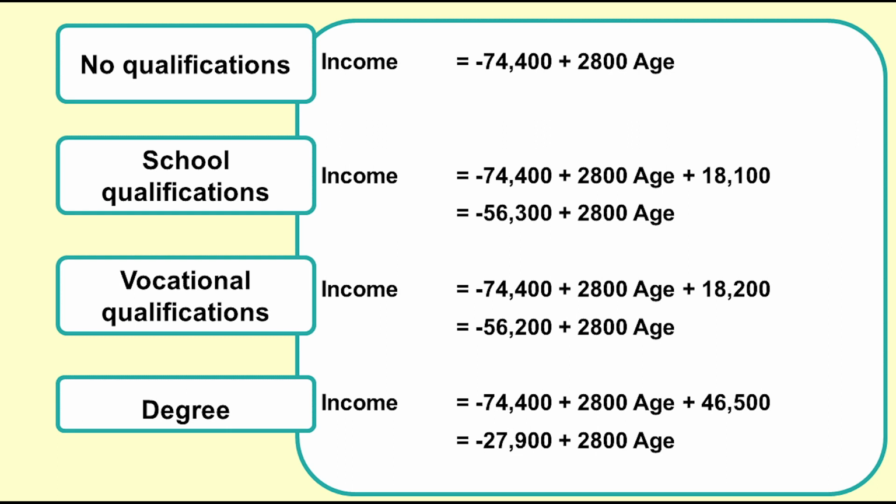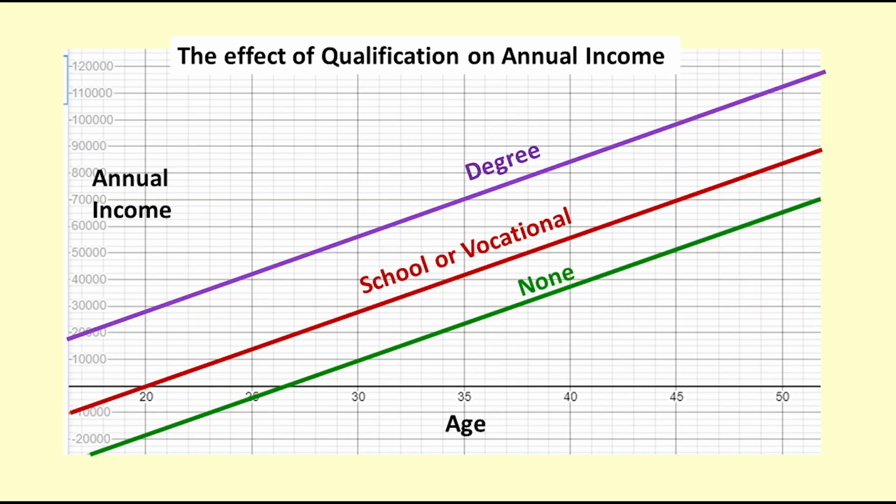These are the equations shown on a graph. There are only 3 lines, as the equations for school and vocational are pretty much the same. You can see that the lines are parallel. This model assumes that the increase by age is the same, regardless of the qualification level. This is possibly not a valid assumption, but we will deal with that in another video.